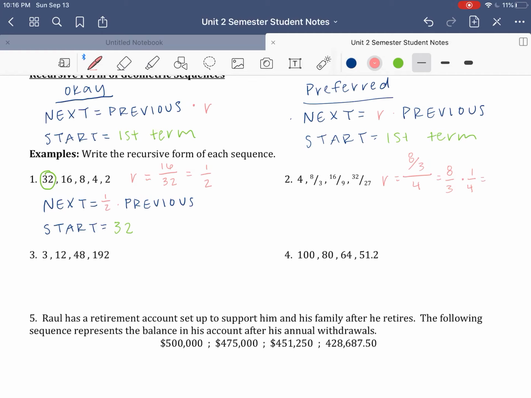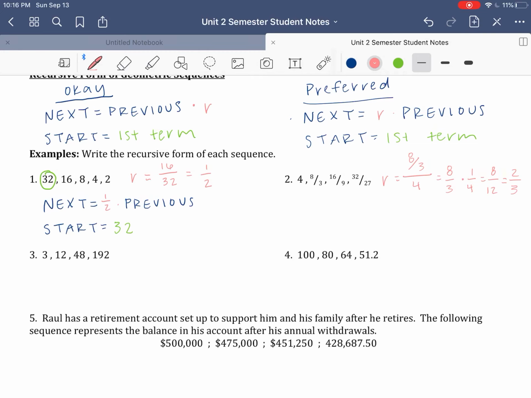You are welcome to use a calculator. This just seems like a great opportunity to review how to divide fractions. So when I multiply straight across, I get 8 over 12. And we need to simplify that. Both of those numbers are divisible by 4. That simplifies to 2/3. Now if you did this on a calculator, it would give you 0.6 repeating, and if you round that number, your pattern actually won't work out correctly the whole way.